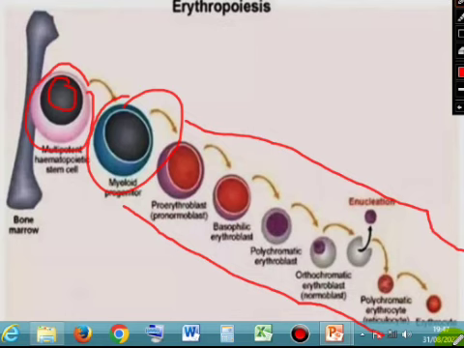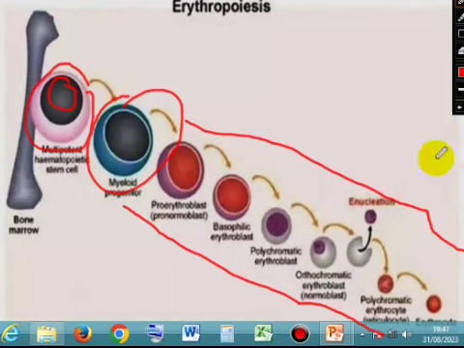And then the cytoplasm stains with red dye due to the increase in the quantity of hemoglobin. Alright? I hope that is clear.